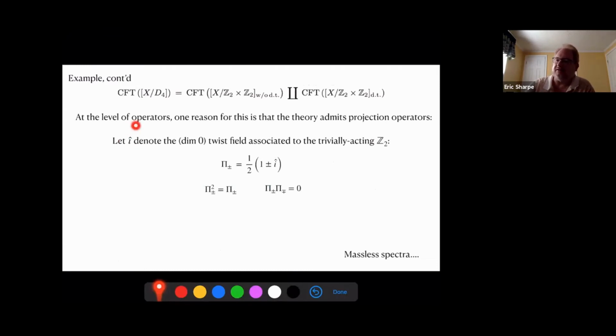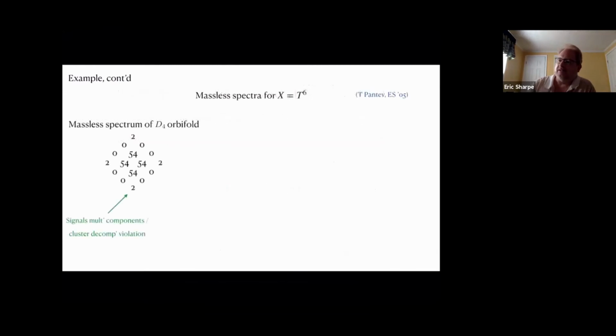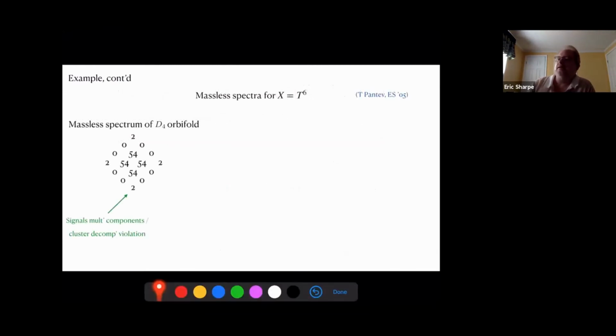If I hat denotes the dimension 0 twist field associated with that trivially acting Z2, then I can build a projection operator onto either of the 2 components, or I can build projection operators that look like this. And that's one way in terms of local operators to see why there are 2 components. In terms of massless spectrum, well, we can compute the massless spectrum of the D4 orbifold.